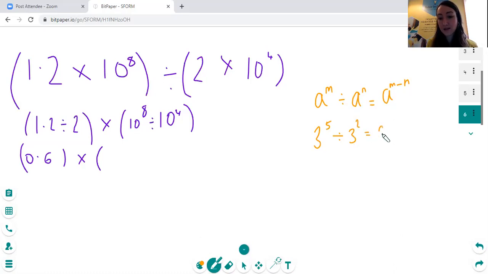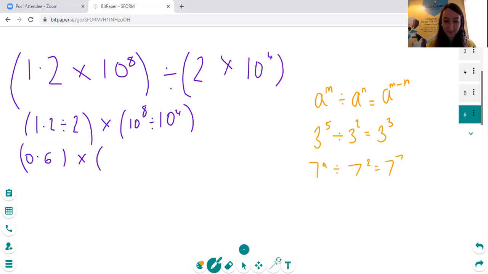That just means 5 minus 2. And of course, 5 minus 2 is 3. So we can just write 3 there. Similarly, if we had 7 to the power of 9 divided by 7 to the power of 2, we'd have 7 to the power of 9 minus 2, and 9 minus 2 is 7.